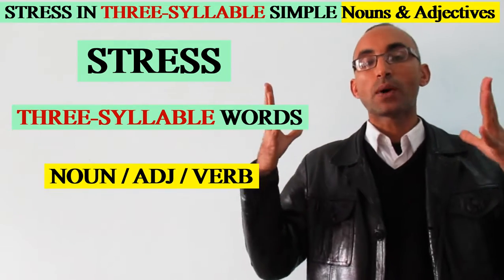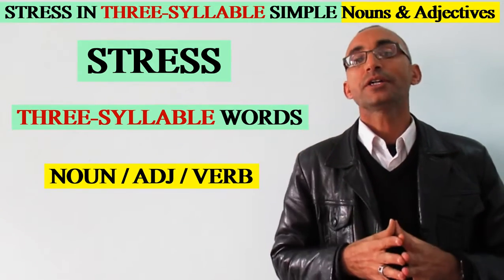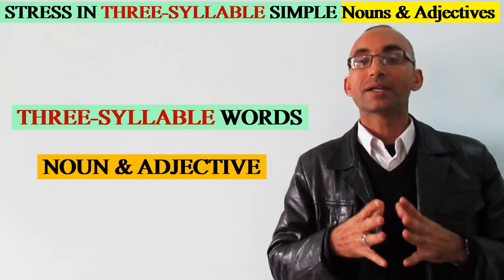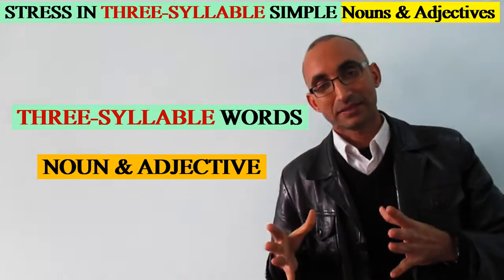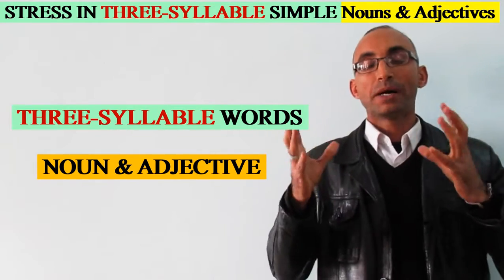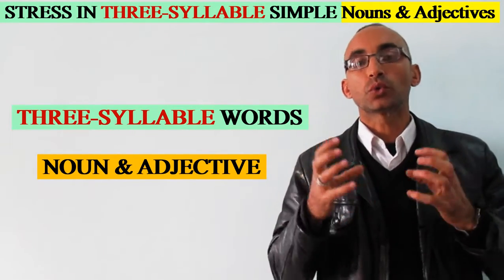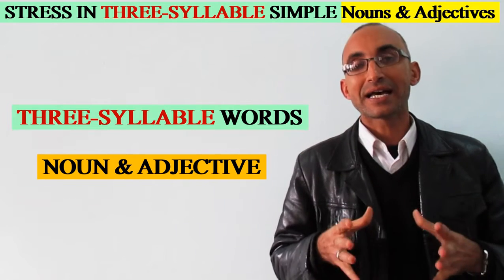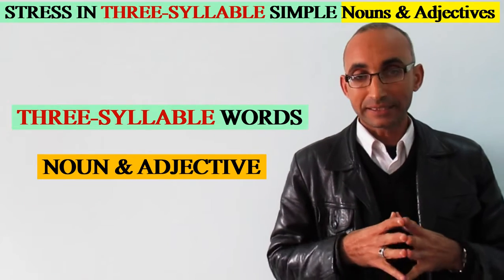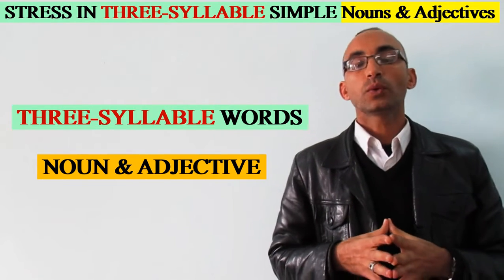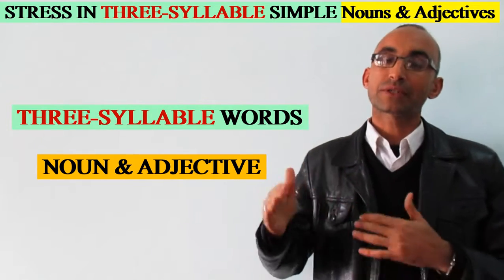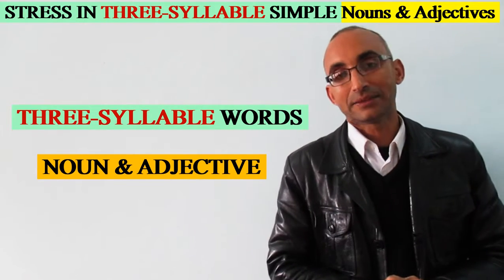So in this first video, I'm going to focus first on the three-syllable simple nouns and adjectives, because both of them have the same rules. They have a common rule which governs their stress placement. And we'll deal with stress in three-syllable simple verbs in our next video and lesson, inshallah.